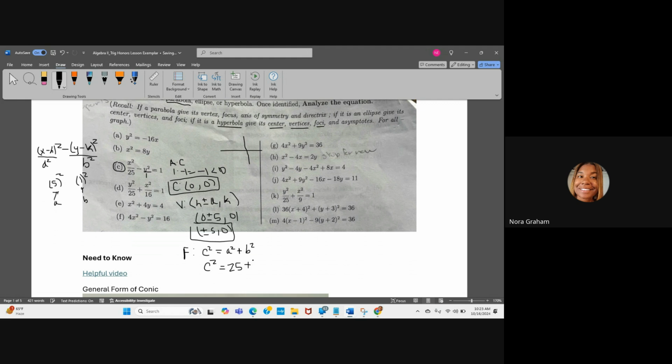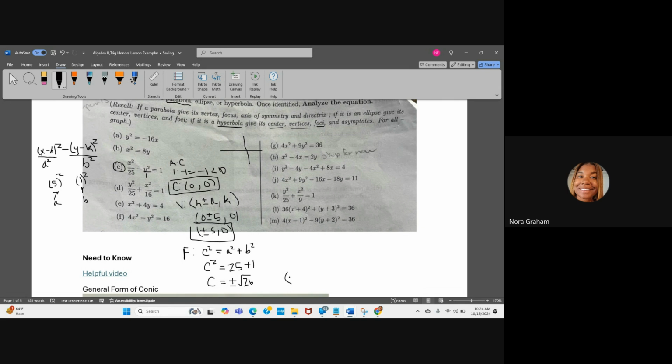So our foci is actually going to be, we square root both sides because c is squared. c is going to equal plus or minus square root of 26. But remember, our foci are points, and our points are all going to lie on our x-axis, right? Because our a is under our x. So I know these are going to be points on the x-axis.